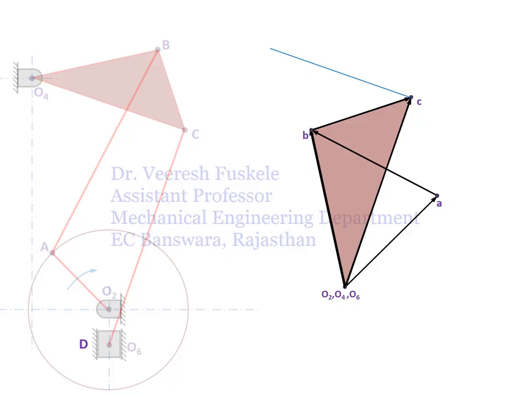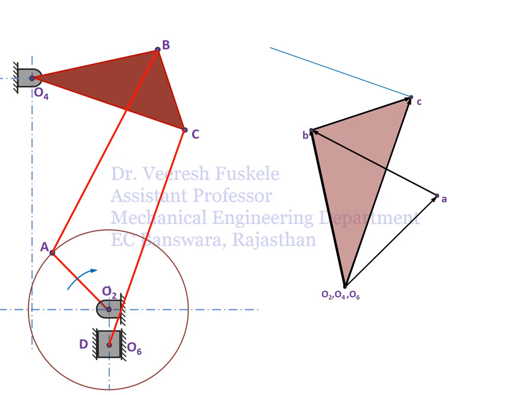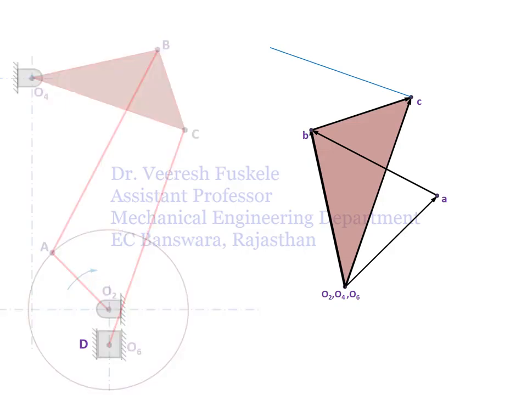Now we have the slider D, which is always moving within these guides. So the direction of movement of the slider will always be in the vertical direction. So we now draw the velocity of the link O6D, that is the slider, from the point O6 in the velocity diagram in the vertical direction as shown here.